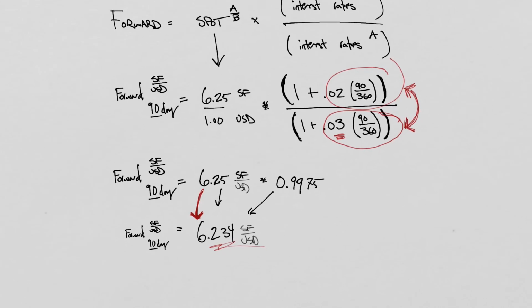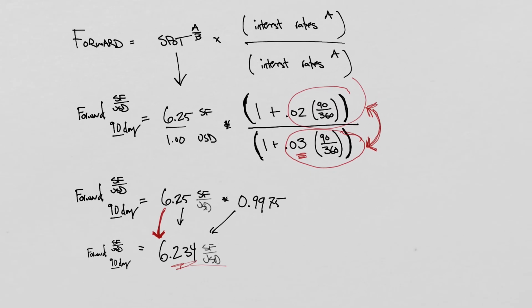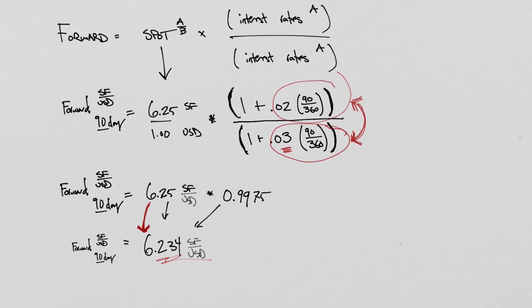If we wanted to take this one step further and calculate the amount of the forward premium for the Swiss franc, we can take the spot rate for the Swiss franc and calculate the percentage difference between that and this 90-day forward rate that we ourselves just calculated.